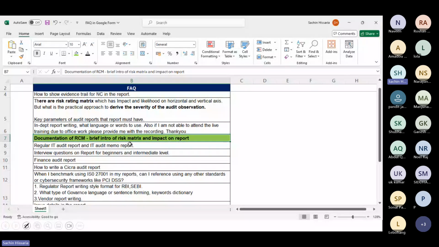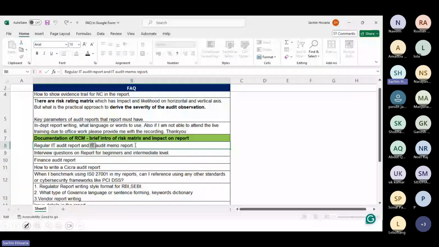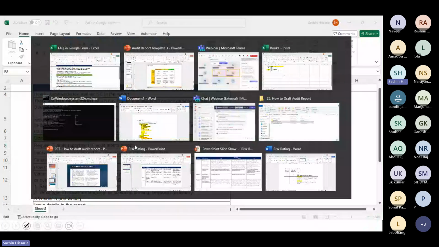Okay. Regular IT audit report and IT audit memo report. Guys, is there anyone who is aware of the difference between an IT audit report and a memo report? Have you heard this term, that we will issue a memo? What is the difference between report and memo?